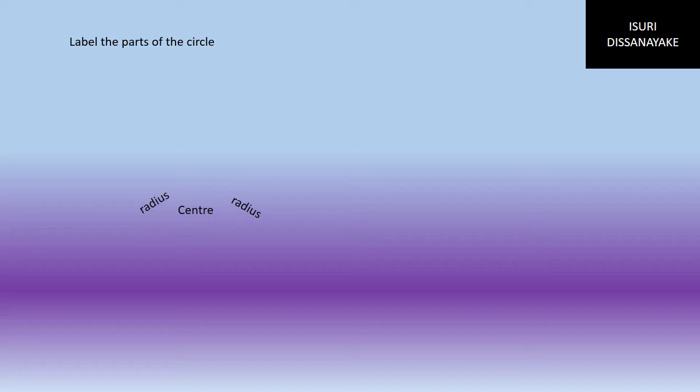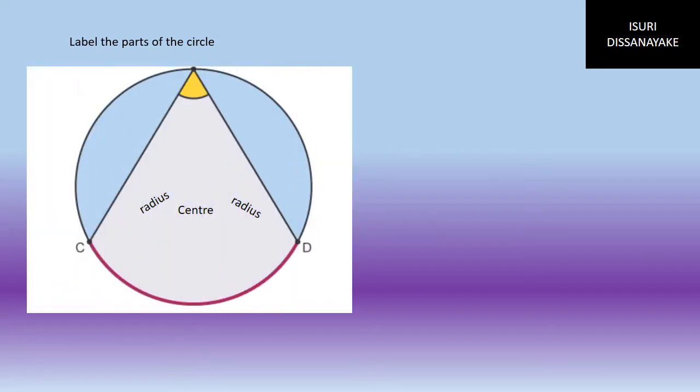So let's label the parts of the circle. In this circle, the chords, the angle and the arc I have explained in the previous video. And this is the center. We have the radius.